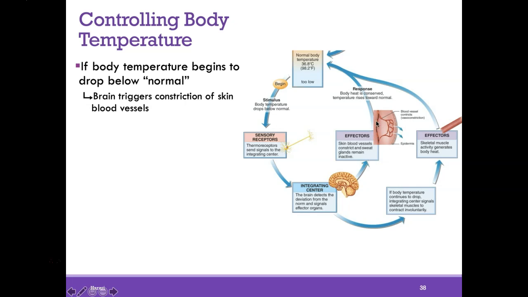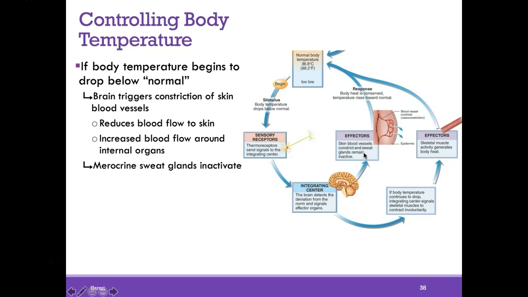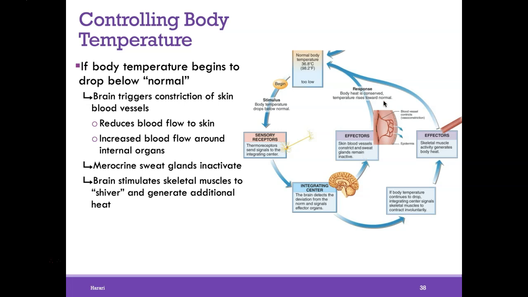All the blood and the heat will be kept inward. Also, all of the Merocrine sweat glands will be turned off, so no water will be lost. The body can also stimulate skeletal muscles to shiver. That's basically involuntary contractions of skeletal muscles that can generate heat by shivering.